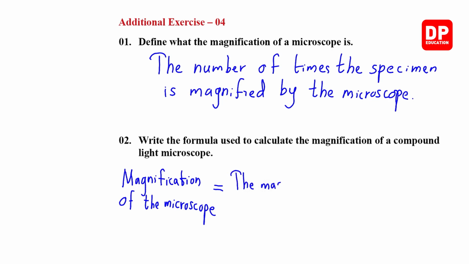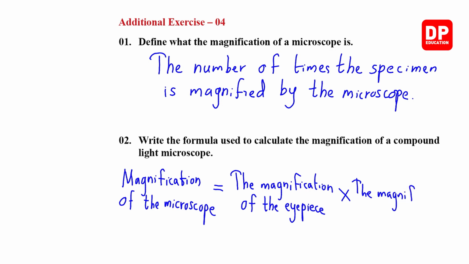The magnification of the eyepiece multiplied by the magnification of the objective lens.